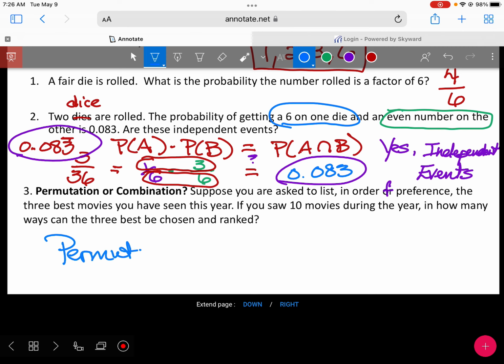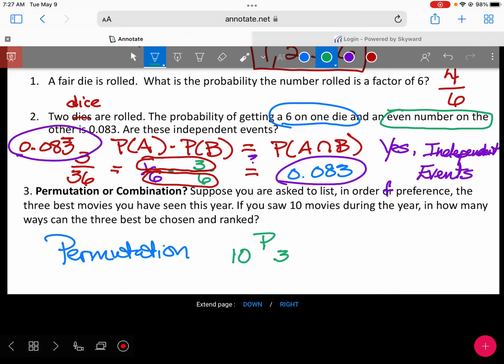And what's that mnemonic device we can use? Pom-poms, permutation, order matters. So that's a permutation. And if you were to do that on the calculator, it's a permutation of 10 items, taking 3 at a time.